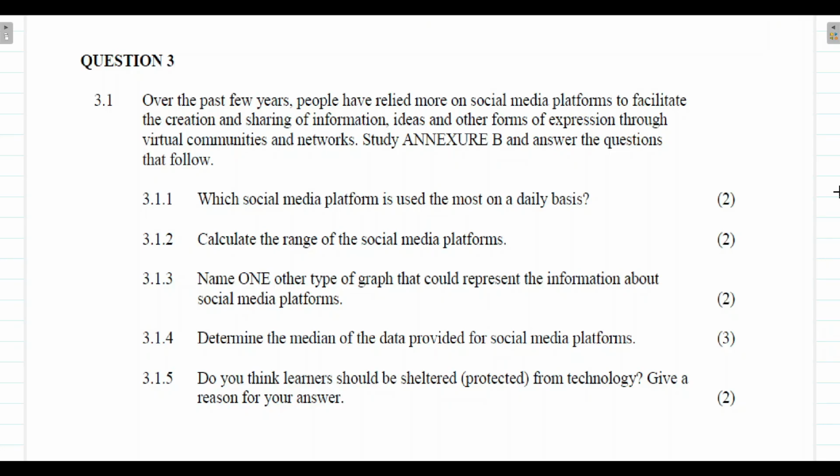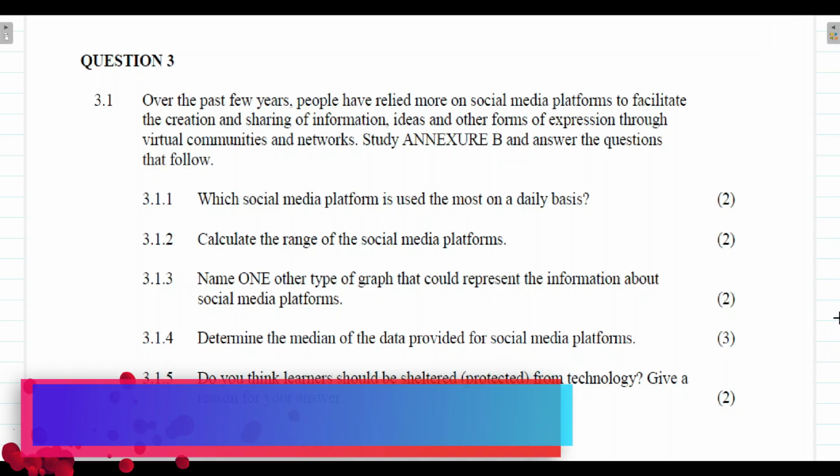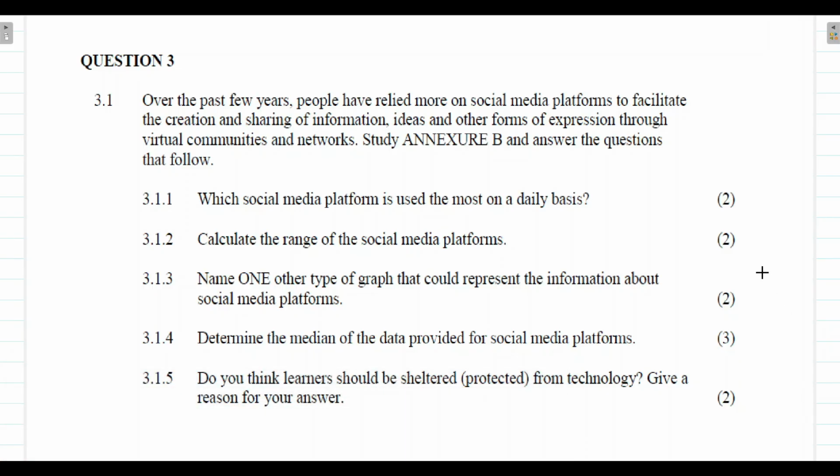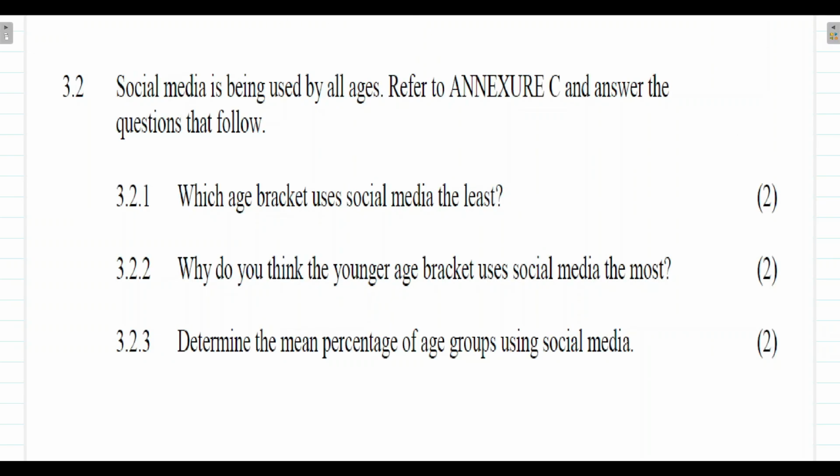On today's video tutorial, we are going to be going through the whole of question 3 from the September 2022 Paper 1 Mathematical Literacy exam that was written by the Gauteng province learners. This question 3 deals with data handling. So we are going to be calculating the range, determining the median, and determining the mean.